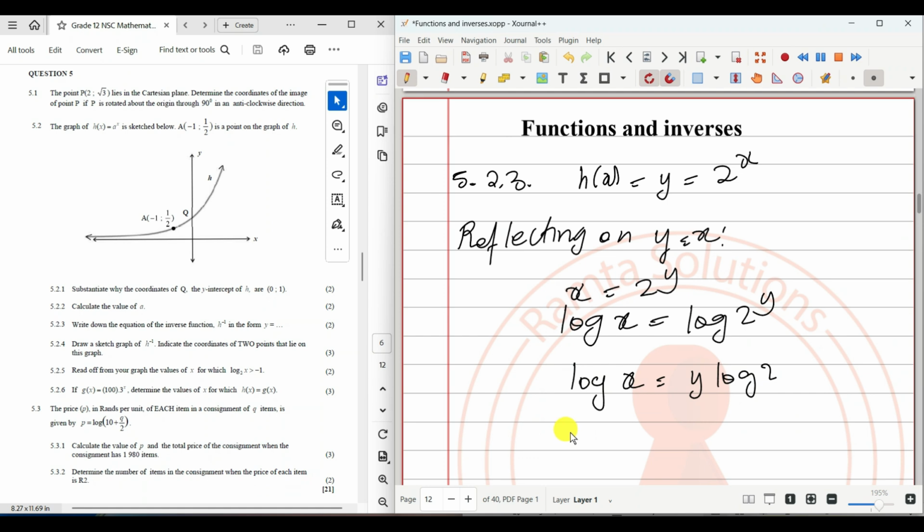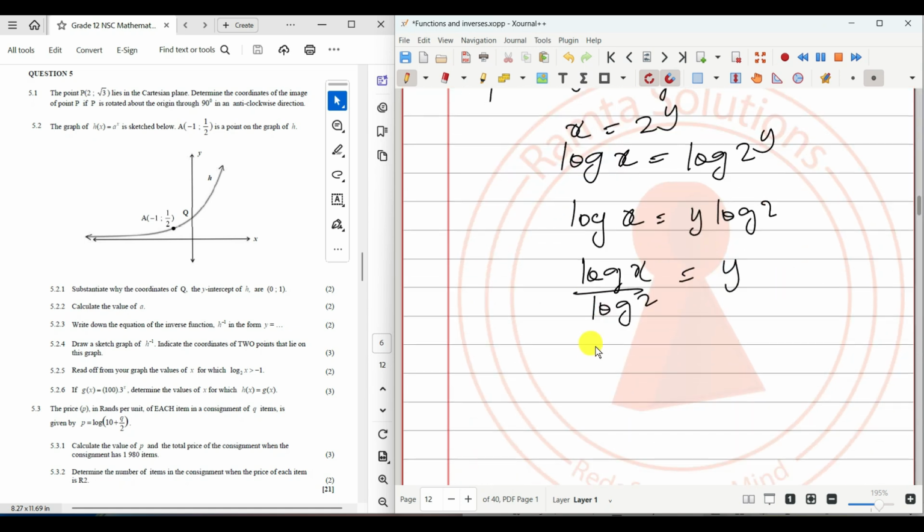Then if you like, you can say this is log x over log 2 equals y. But we prefer to write it as log x base 2 equals y. You can leave it here. So we can say h inverse of x is log x base 2.